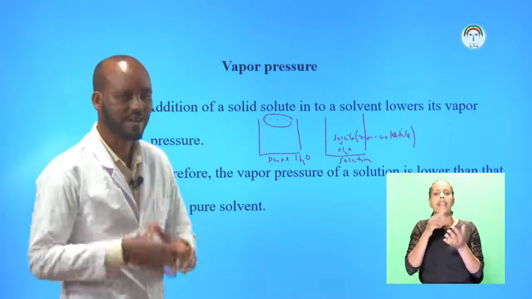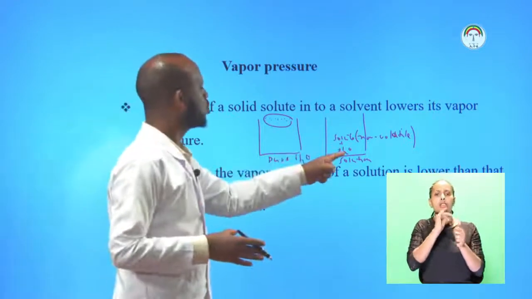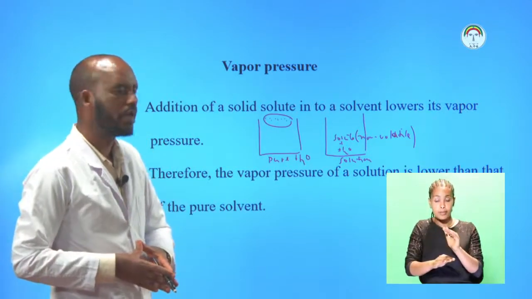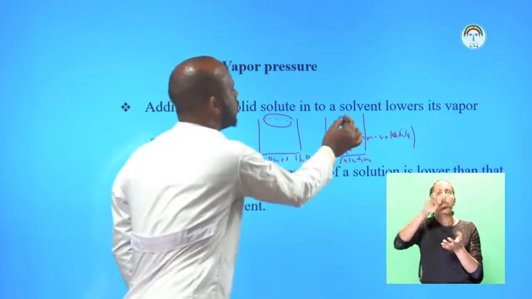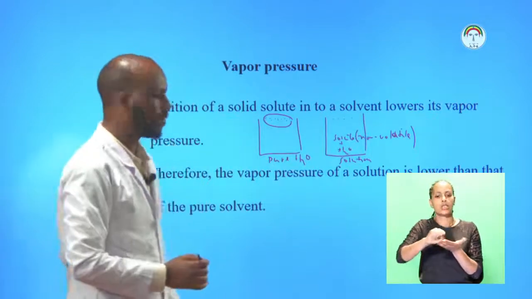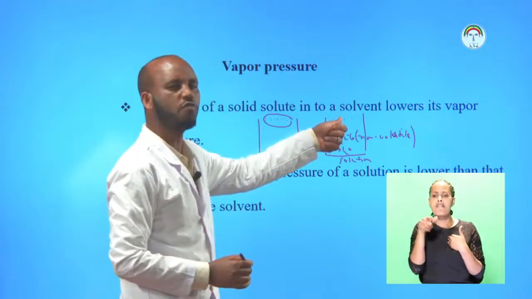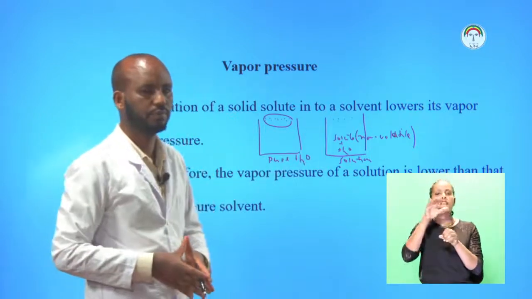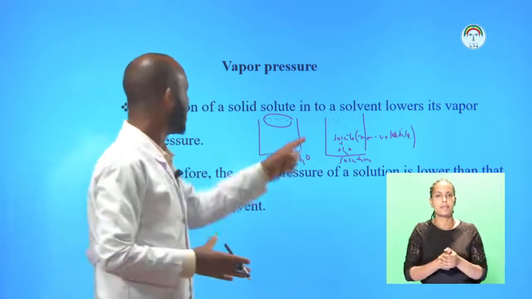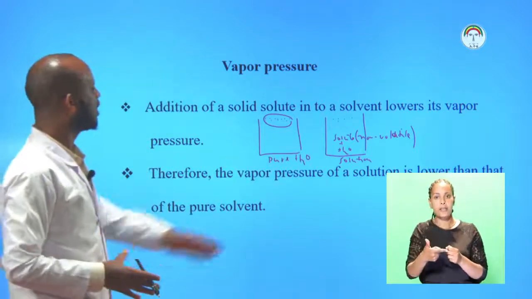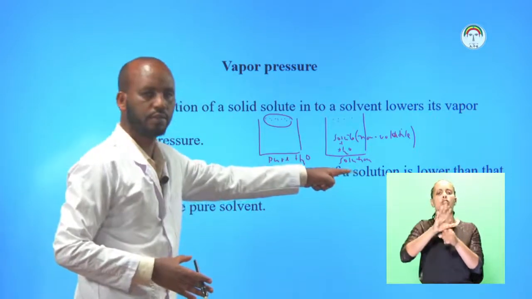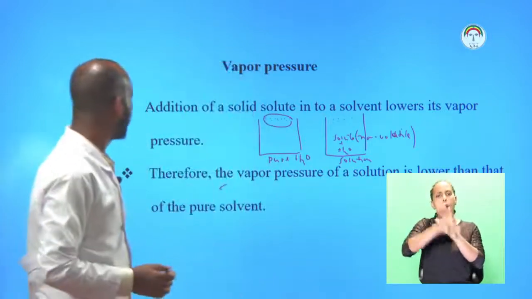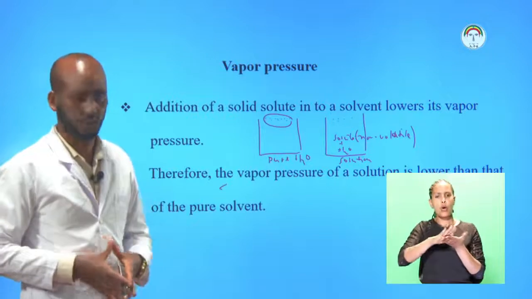This interaction reduces the vapor pressure of the solution. Therefore, here we have low vapor pressure. We can say the vapor pressure of a solution is lower than that of the pure solvent.